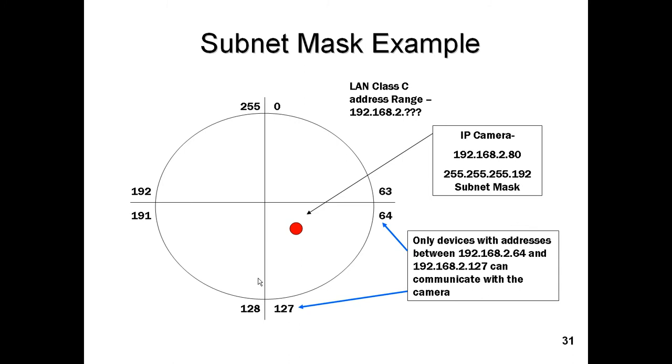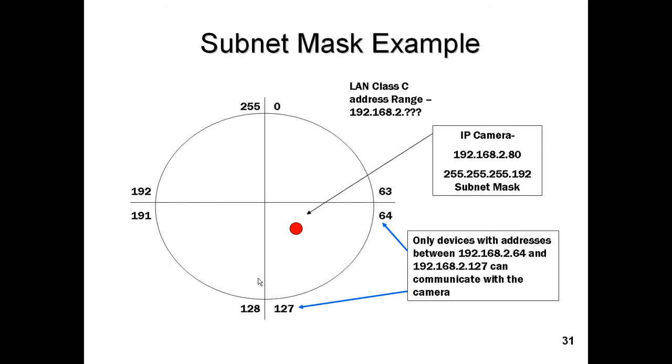So let's look at an example here. I call this the pie or the wheel of IP addresses, and it reads like a clock. We've got a network here that is 192.168.2 dot something, and our IP addresses start at the top at 12 o'clock, starts at 0, goes around like the hands of a clock, and comes to 255.